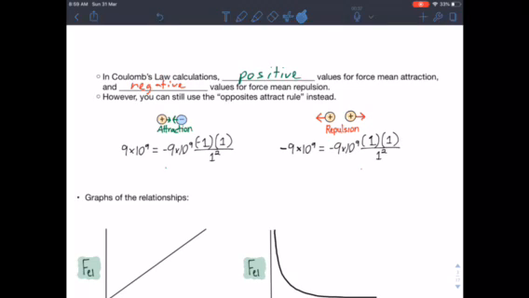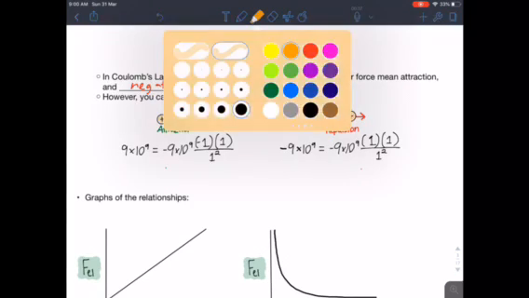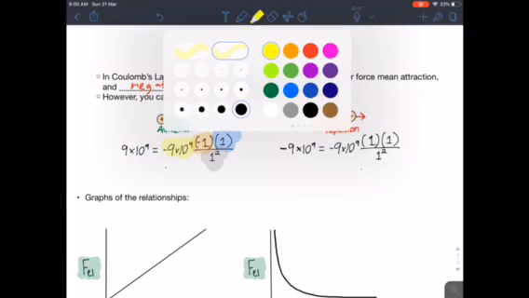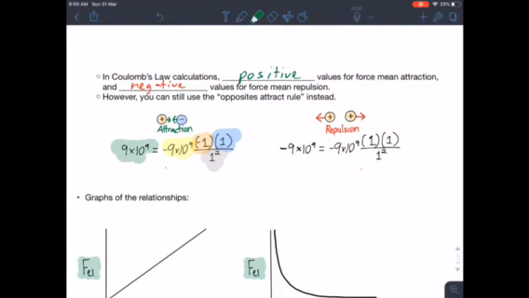In my examples down here, you can see that this object had a charge of -1, this had a charge of +1, and the distance between them was 1 meter squared. Here's our Coulomb's constant. When you do all that math, you're going to get the answer for the electrostatic force right there, and that's going to be positive.